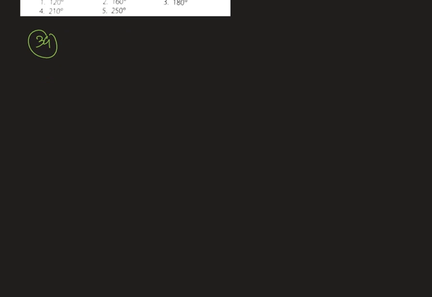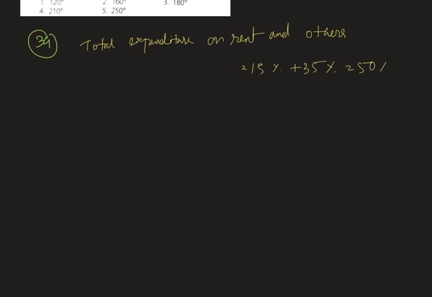The total expenditure on rent and others is equal to 15% plus 35%, which results in 50%.